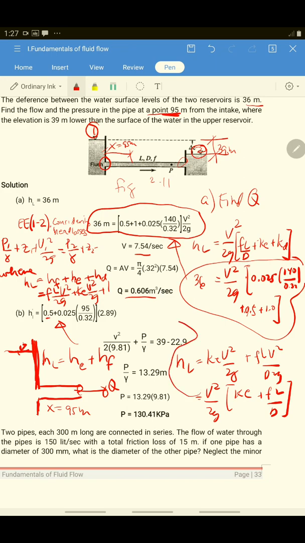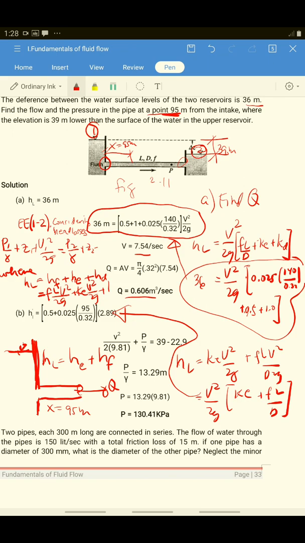This will be now the computation. You have to substitute the values, then you can get the head loss. What is the value of the head loss? We will try to compute it.